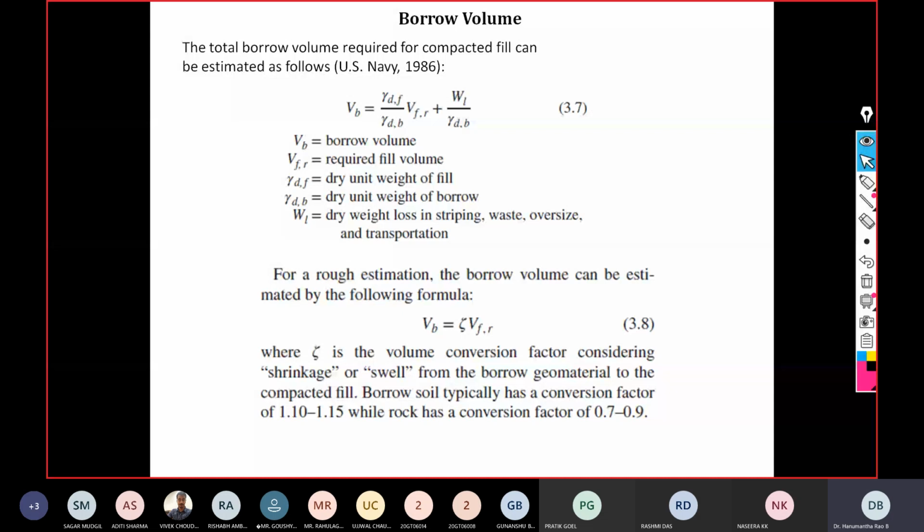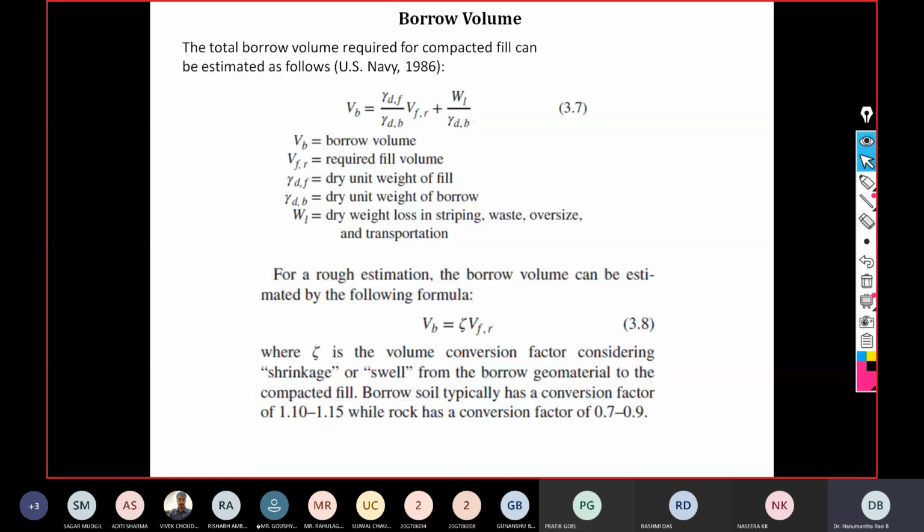But the same borrow soil is loosened, that is excavated using the equipment and is transported with the help of a lorry or truck to the site, and it is compacted using the sheepsfoot roller or smooth wheel roller, whatever it is. But the biggest question is, can I achieve the same density that is equivalent to the density of the borrow soil? There are two things: density of the borrow soil and density of the same soil compacted on the road or on the embankment.